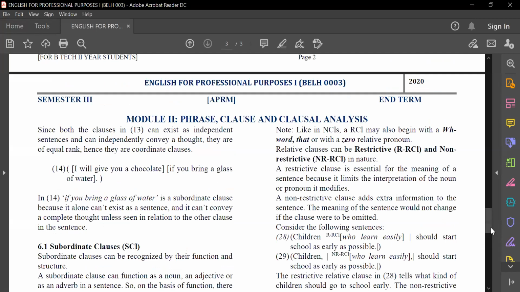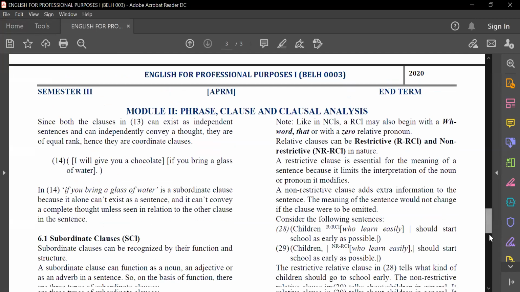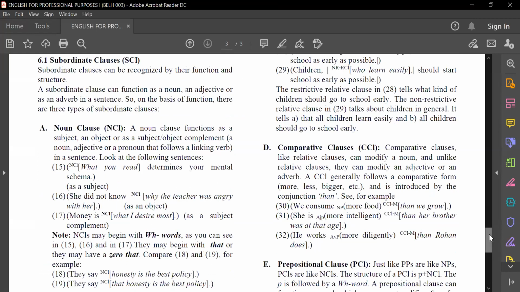These clauses come into the picture when we talk about subordination and dependency, right? So we have a noun clause, which is basically a dependent one. We are going to see these one by one.